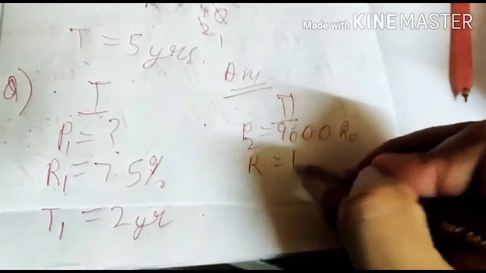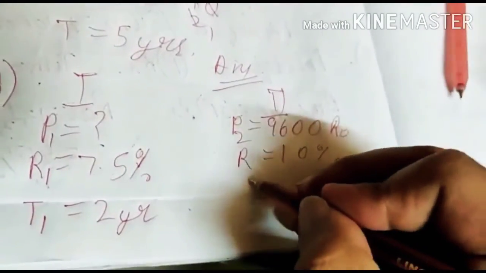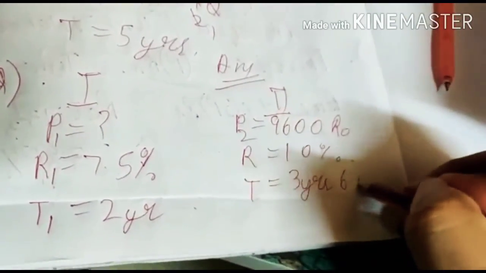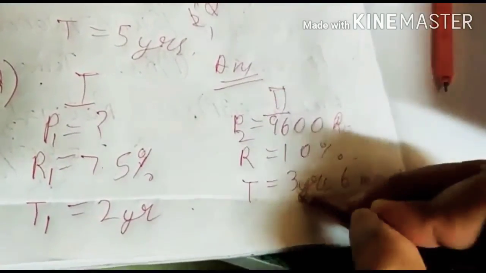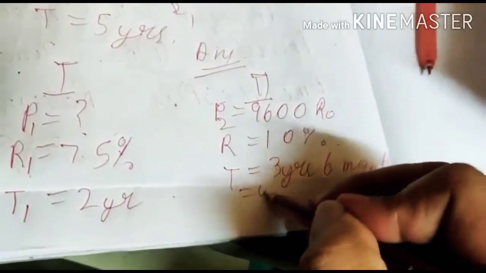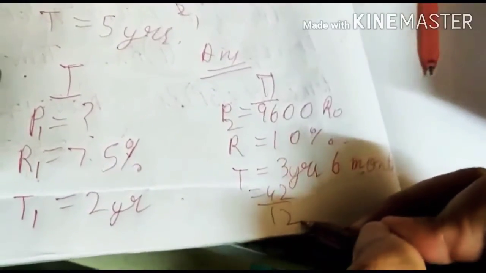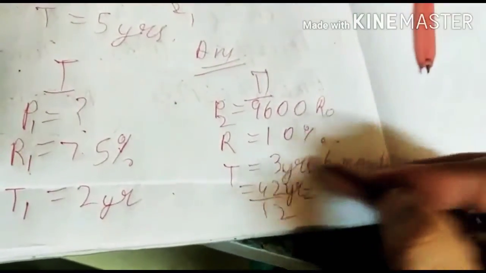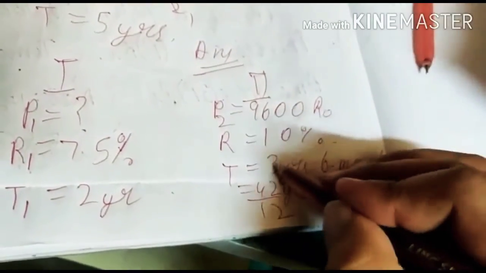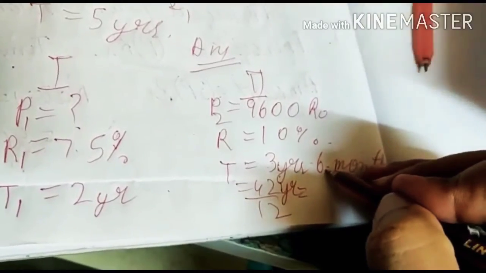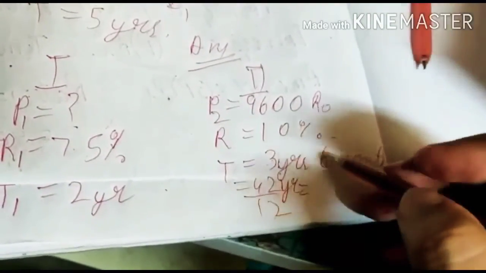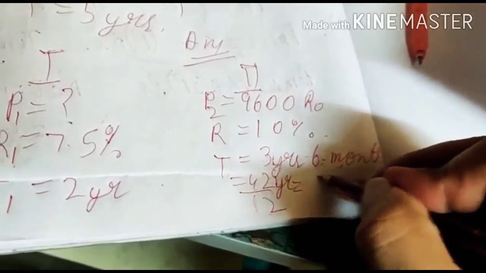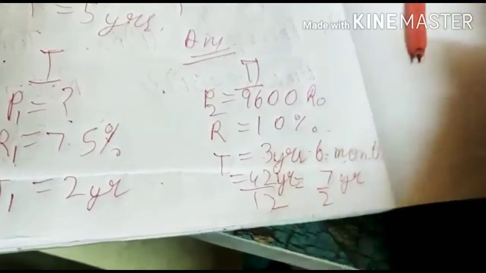Here rate is 10%, and here time is 3 years 6 months. 3 years means 36 months plus 6 months means 42 months upon 12. This will change into years. We will calculate total months, that is 42. 42 months upon 12, this will change into years. So this will reduce by 6. We will get 7 upon 2 years.